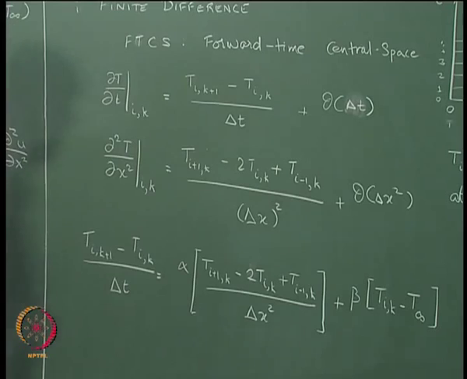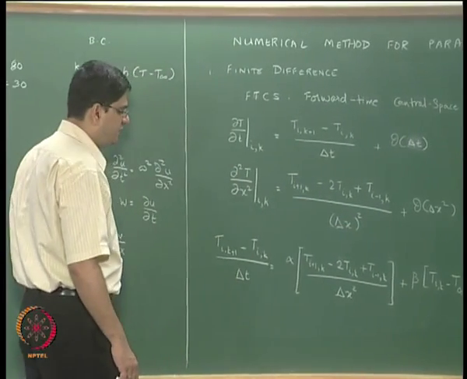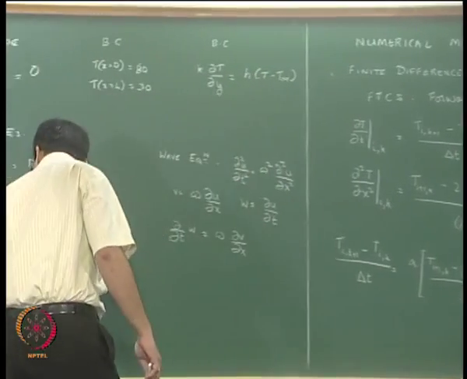Okay. Now what we can do is multiply by delta t throughout and take T(I,k) on to the other side, and we will get the final expression, which I will write down here.